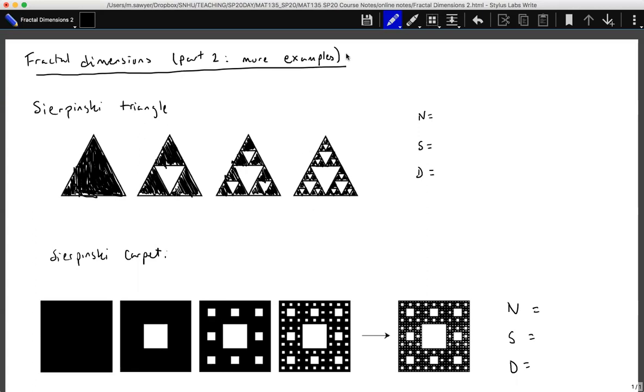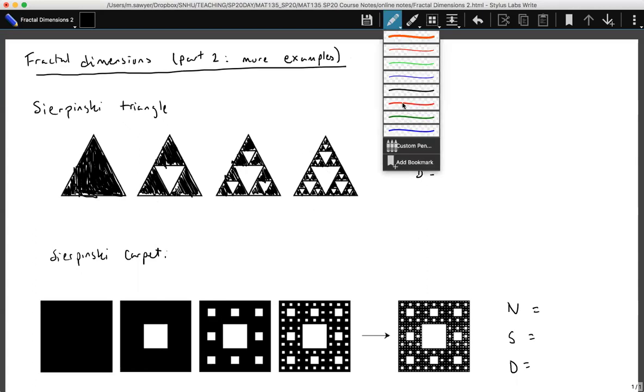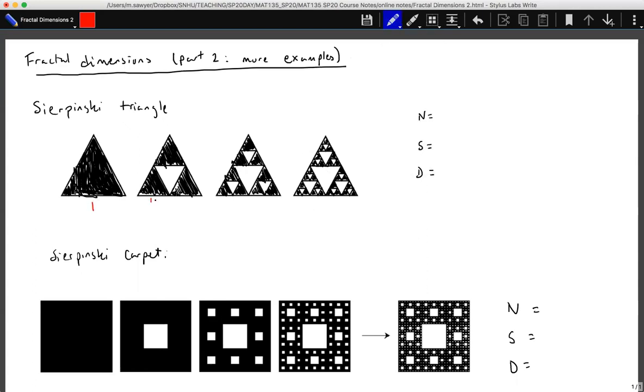So with the Sierpinski triangle, if this is a side length of 1, this is a side length of 1/2, because it takes half the side to get the same distance. So the scale here is 2, and it takes 3 copies to build the next iteration.